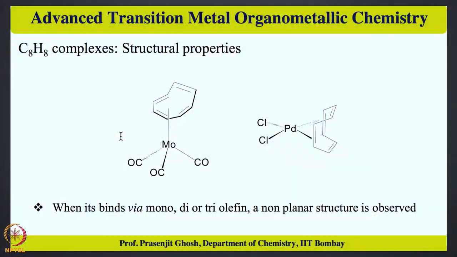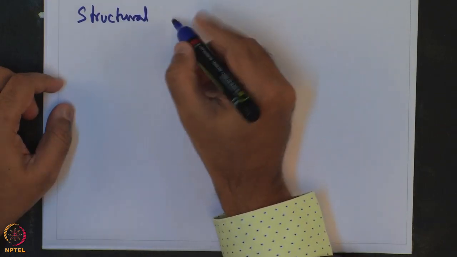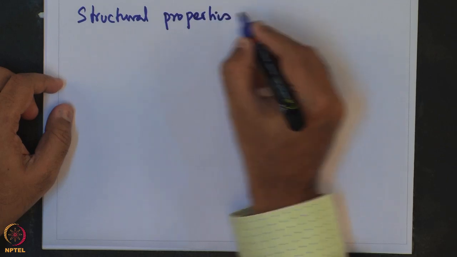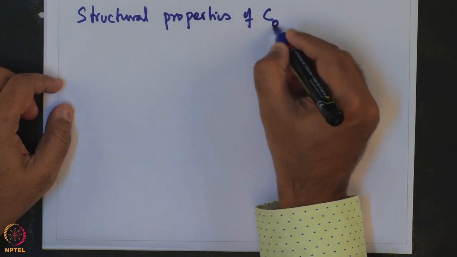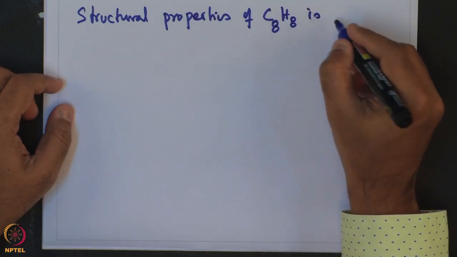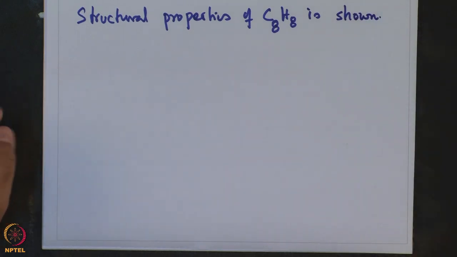So, the structural properties of the C8H8 ligand are shown in the example below.